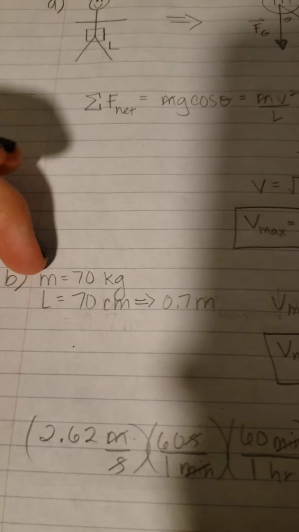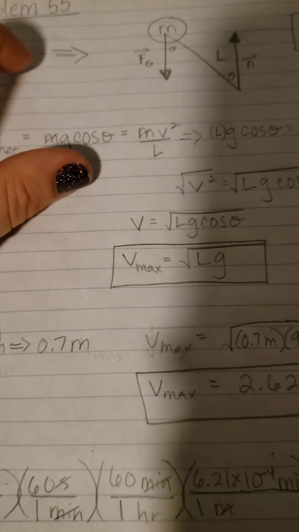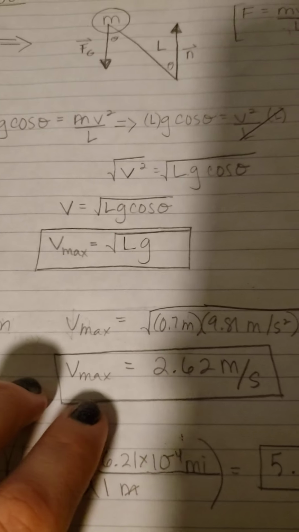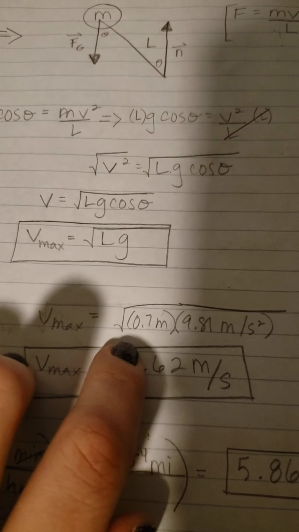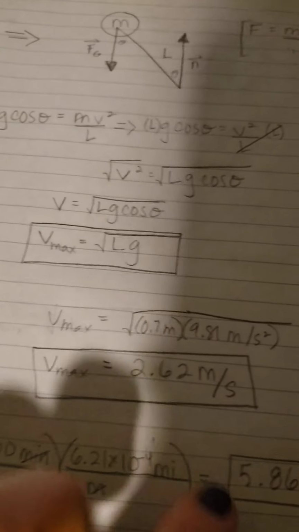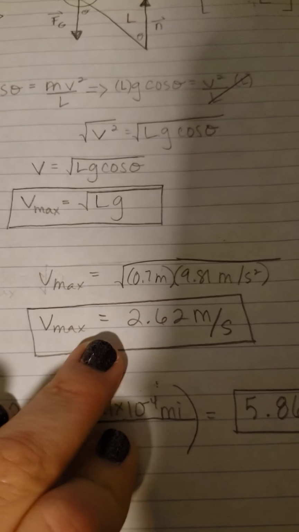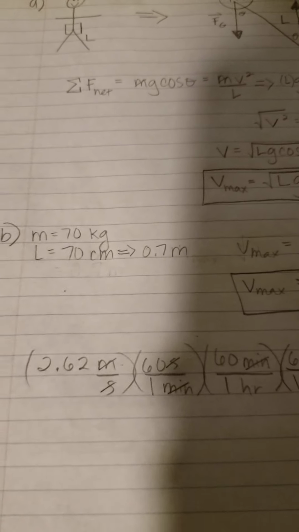And actually, we won't need the mass because we canceled it out up here, so mass is irrelevant in this part. So we take our Vmax and set it equal to the square root of 0.7 meters times the acceleration of gravity, and we're left with 2.62 meters per second for our maximum velocity.